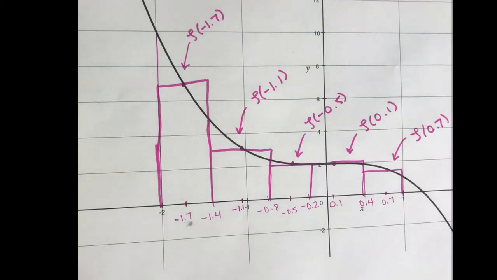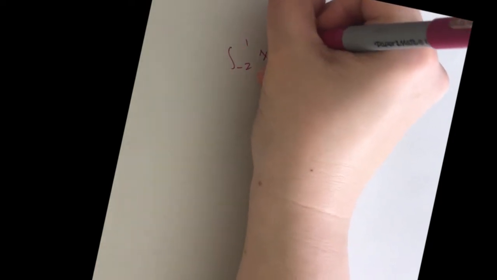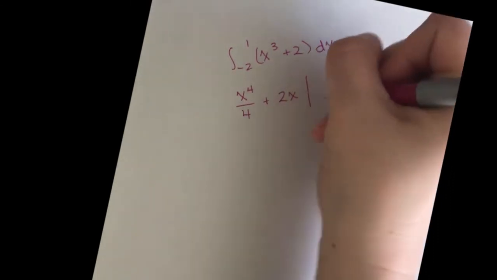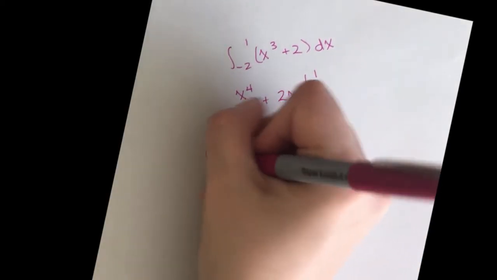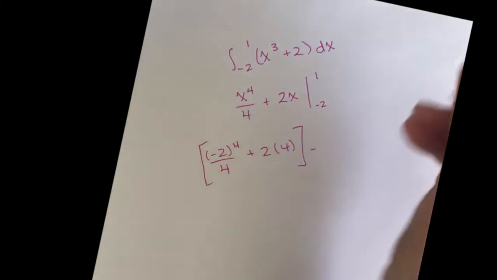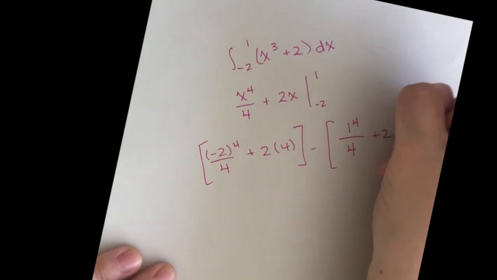Now, in the last part of our problem here, I asked you to find the exact area. So here I have the integral from -2 to 1 of x cubed plus 2 with respect to x. That's x to the 4th over 4 plus 2x, evaluating from -2 to 1. So (-2) to the 4th over 4 plus 2 times -2, minus 1 to the 4th over 4 plus 2 times 1.